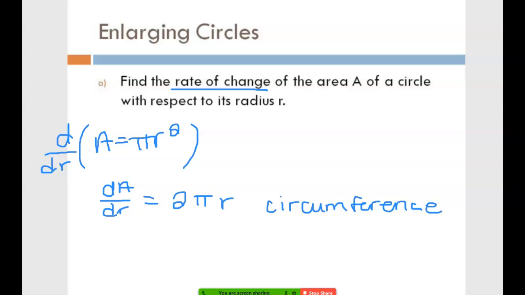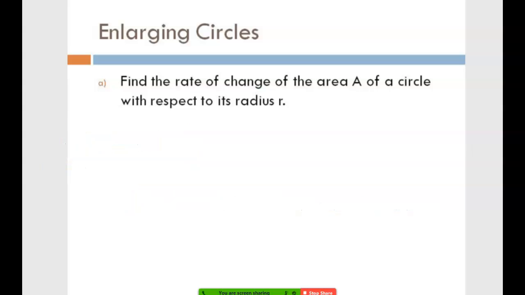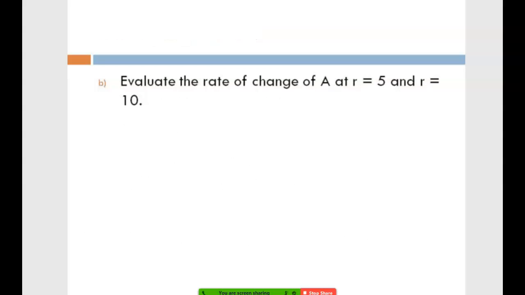So then part B says to evaluate the rate of change of the area when the radius is 5 and when the radius is 10. So what that means is I need to find dA dr when r is 5. So in calculus, when you're interpreting notation for a derivative, dA dr when r is 5, that's Leibniz notation.